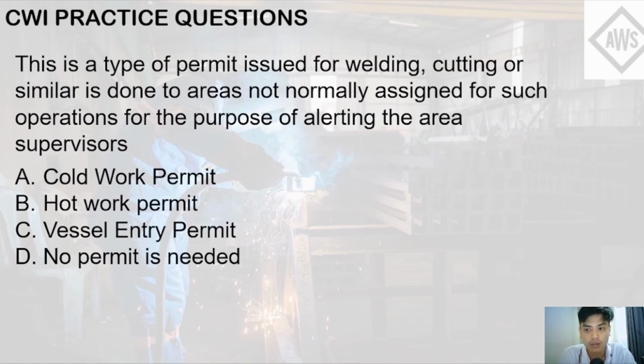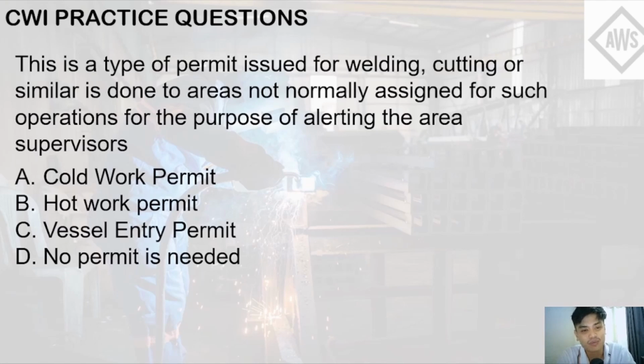For example, in an oil and gas refinery or a petrochemical plant that normally generates fumes, hot spatter or generated heat might ignite those, basically creating fire. A vessel entry permit is used for confined spaces that need to be validated first for oxygen level before any activity is commenced.